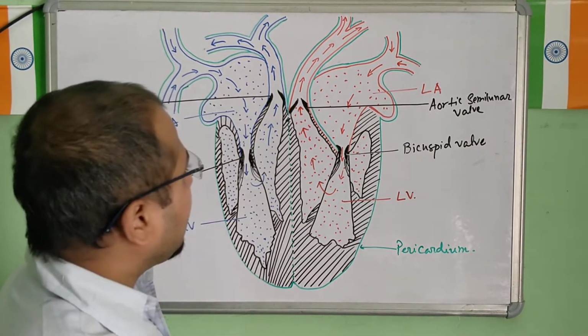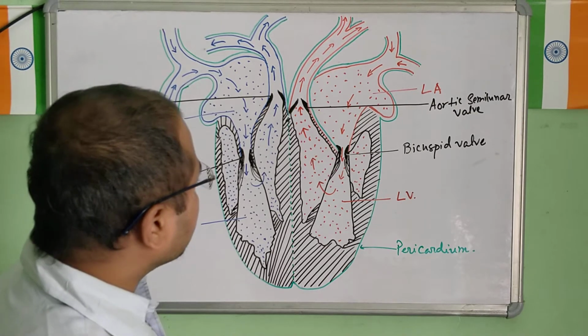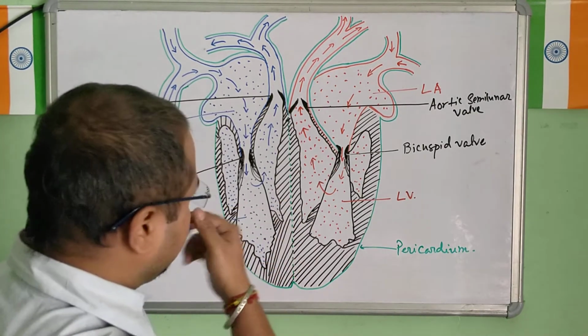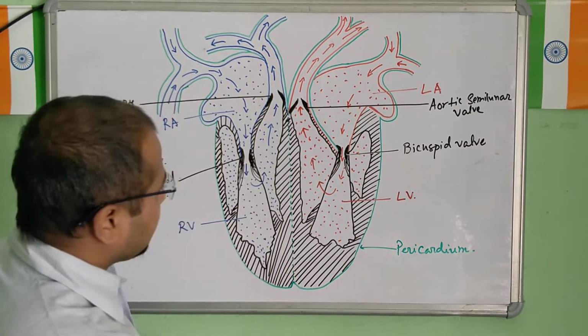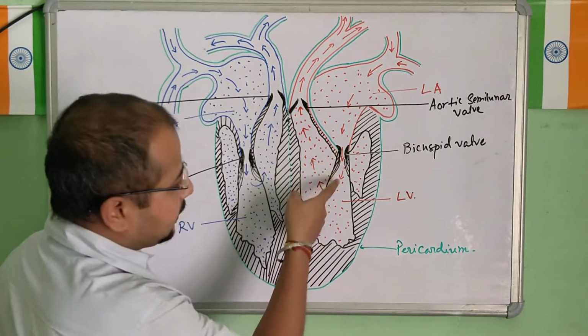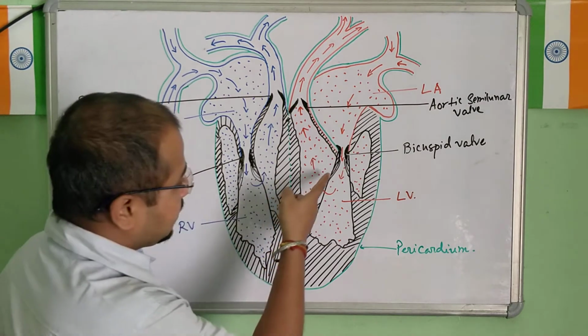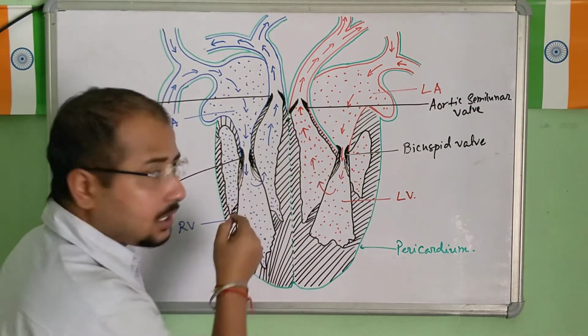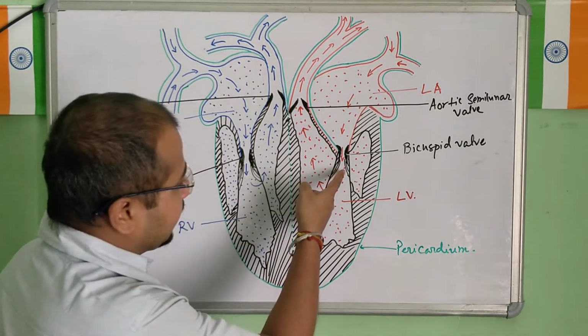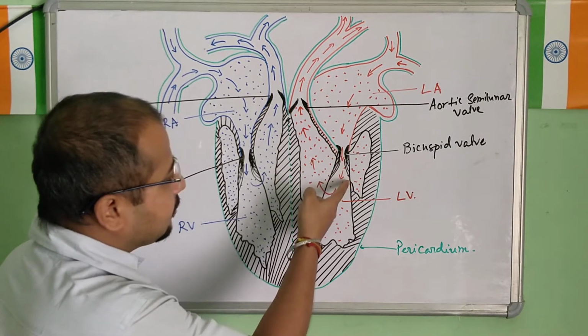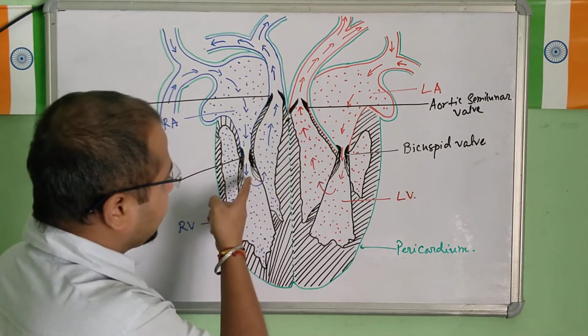Now, if you look into some other parts here, along with the valve, there are some extensions of tissues on both the ventricles. These tissues connect the valve with the ventricular wall. Look very carefully.